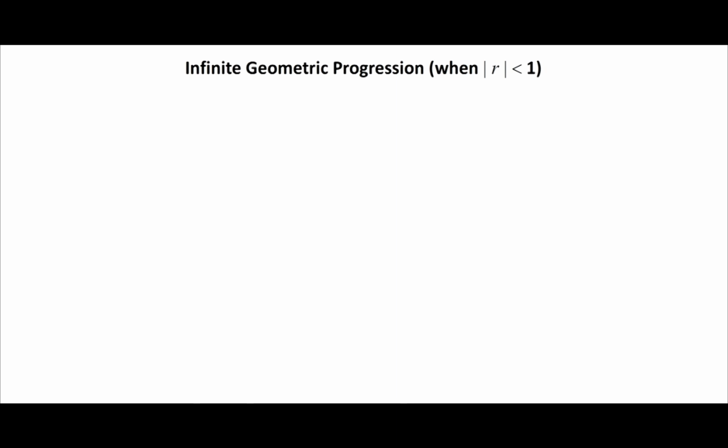Let us learn about infinite geometric progressions. We will consider the case when the modulus of r is less than 1. Consider the GP 1, 2 by 3, 4 by 9, 8 by 27, and so on.